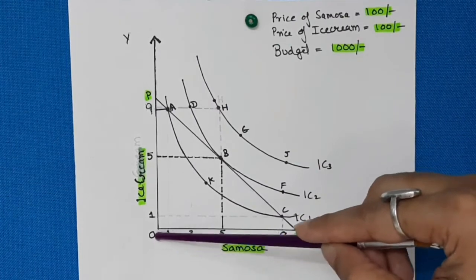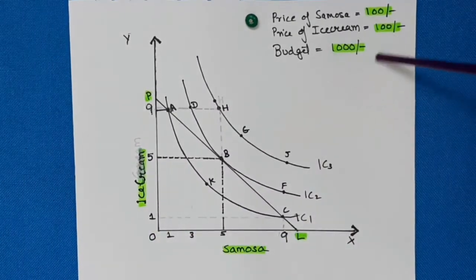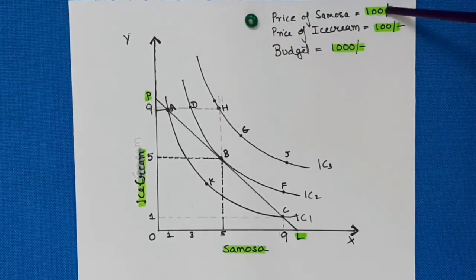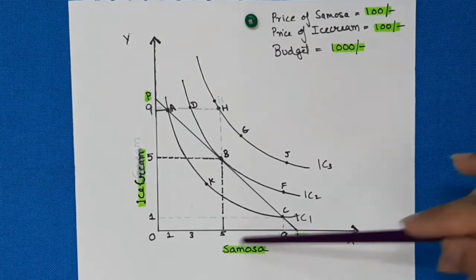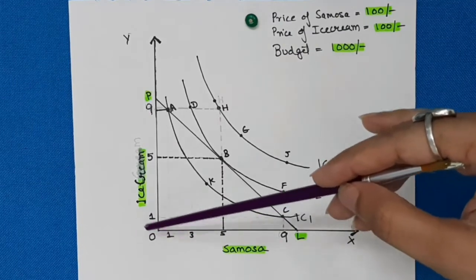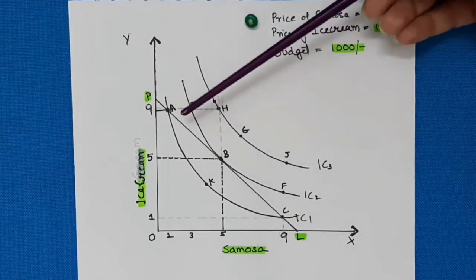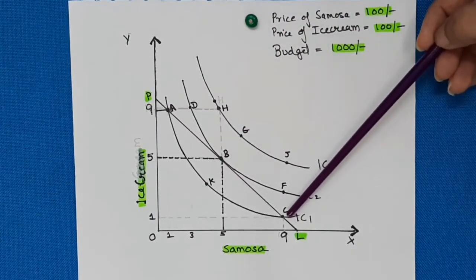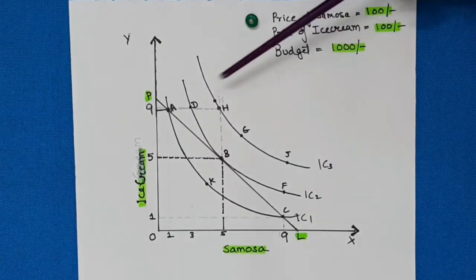On the other hand, if we do not buy any ice cream and only buy samosas, with 100 rupees each we can buy 10 units of samosas, and at that point the ice cream bought will be 0. Let's calculate three points on the budget line, A, B and C, and find out whether the budget line has this distinct feature of the same budget at all the points.